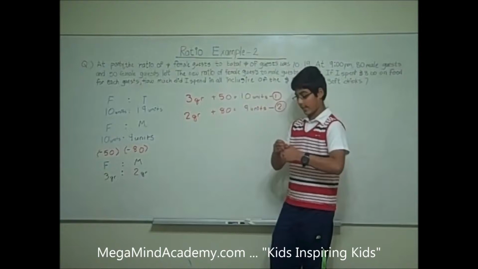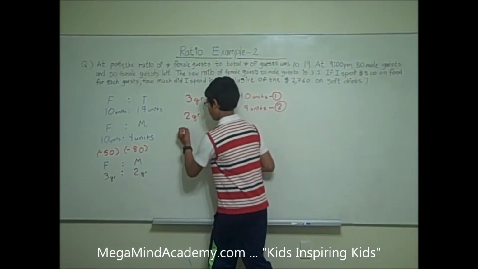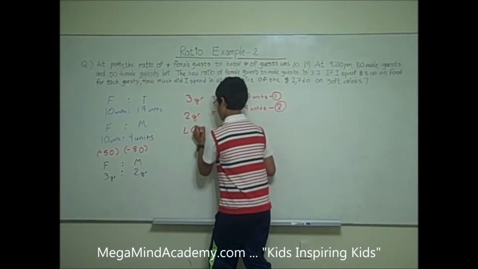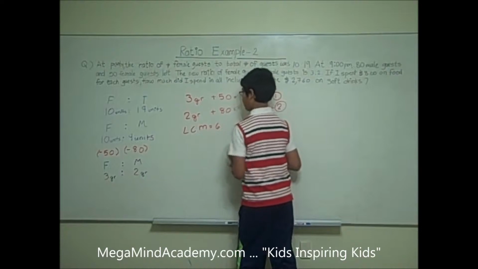So let's write that down. The lowest common multiple, or LCM, is equal to 6GR.